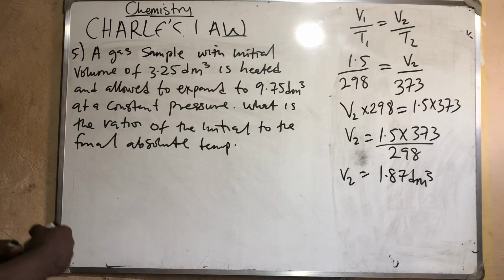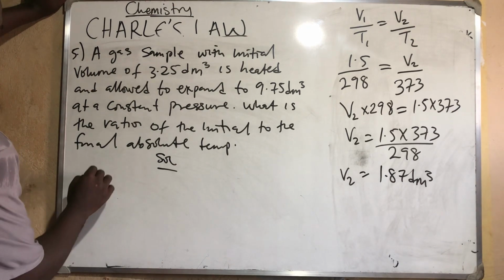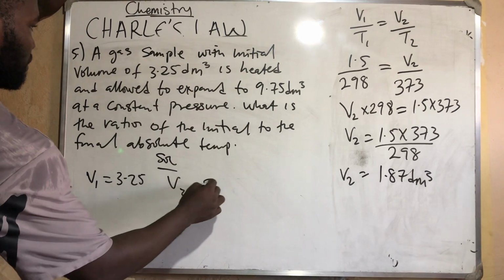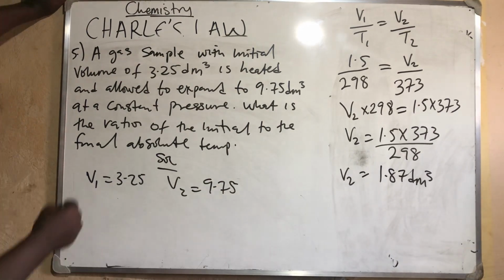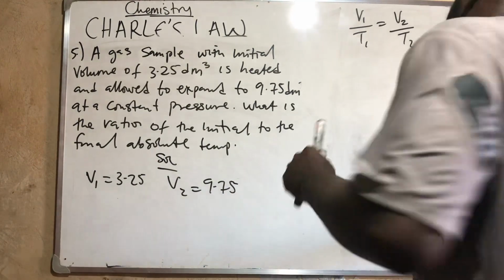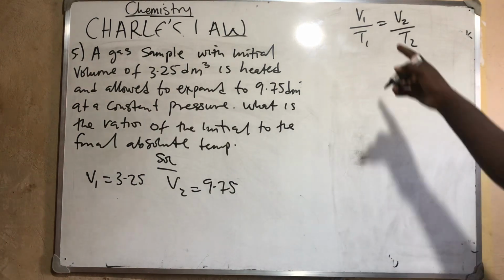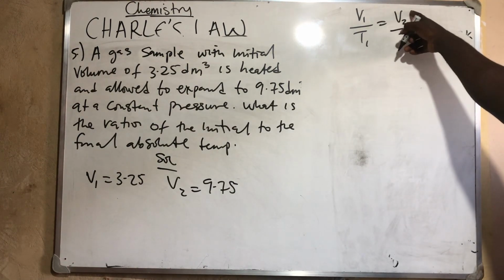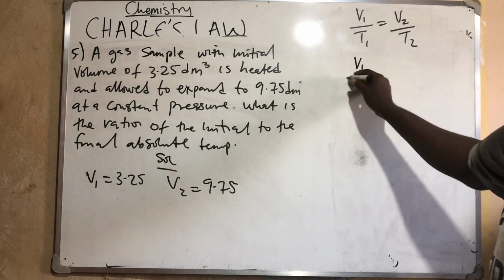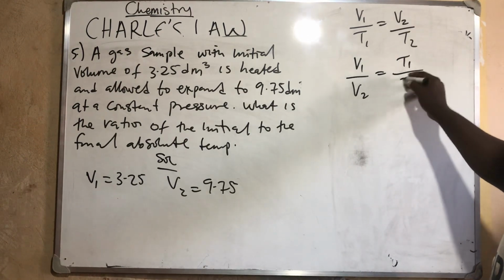You know that absolute temperature is temperature in Kelvin. But we don't need that. So they gave us that the first volume is 3.25, and the second volume is 9.75. Which one did they mention first? Initial to the final. The one mentioned first will always be up, then this one should come down. So I have V1 all over V2 is equal to T1 over T2.